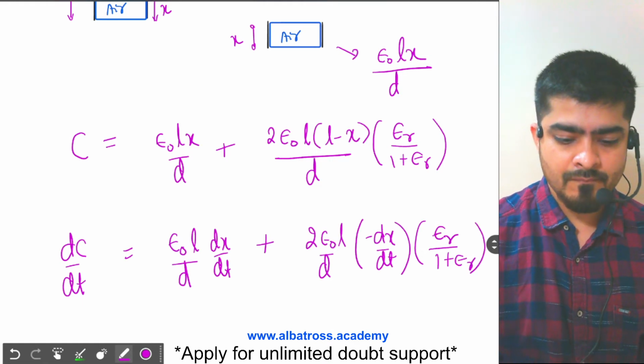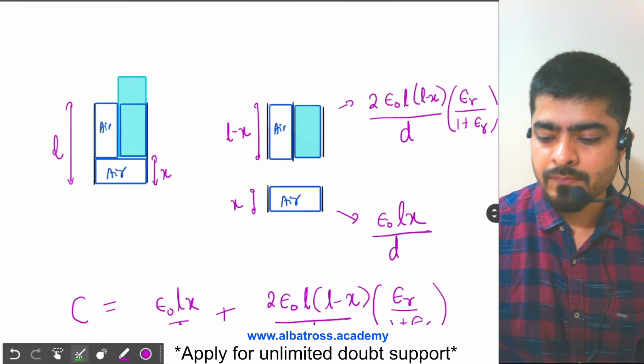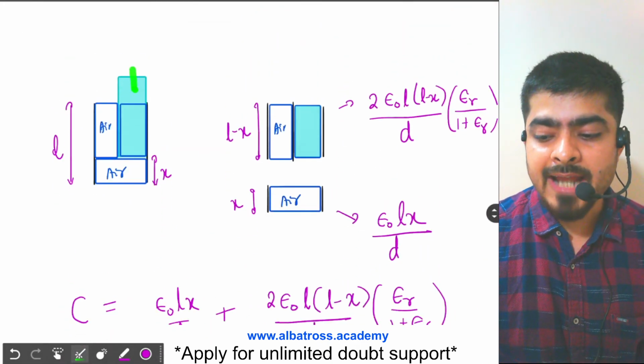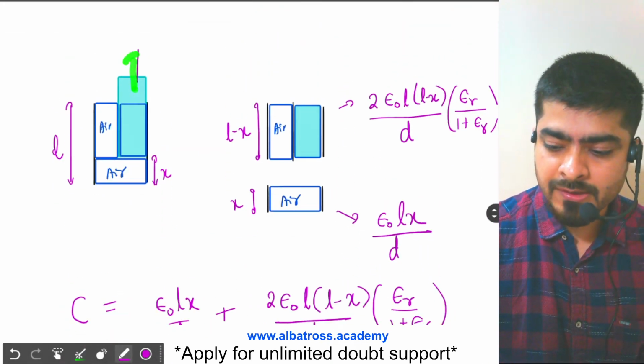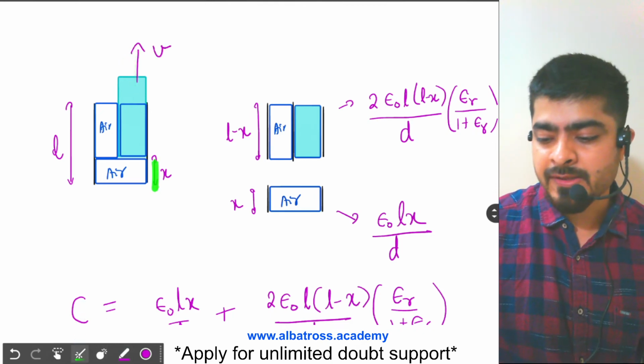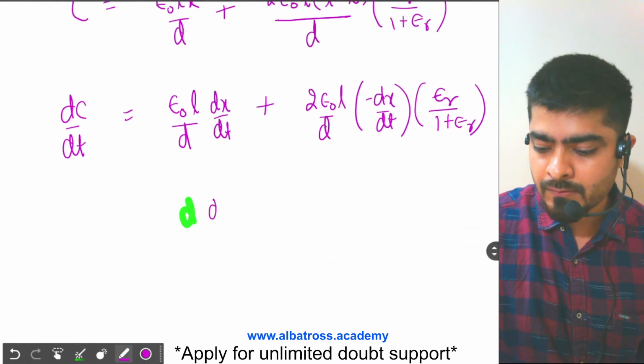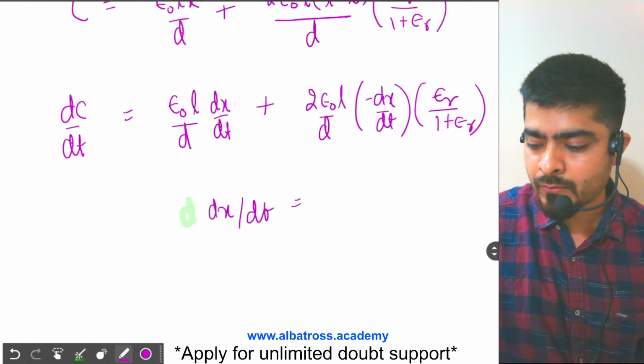Now the question is, what is dx by dt equal to? As the dielectric is going out with speed v, x is also increasing with speed v. So we could say that dx by dt is equal to v.